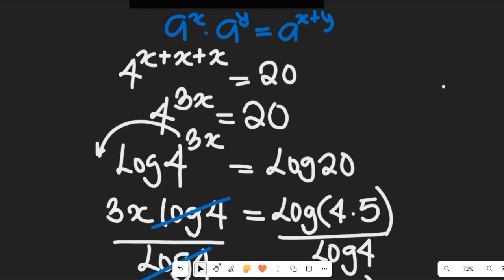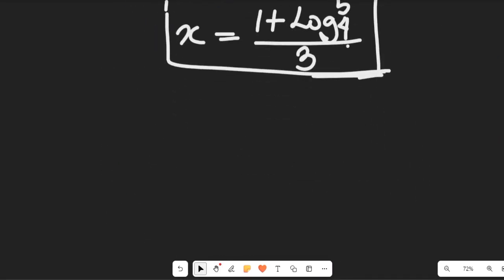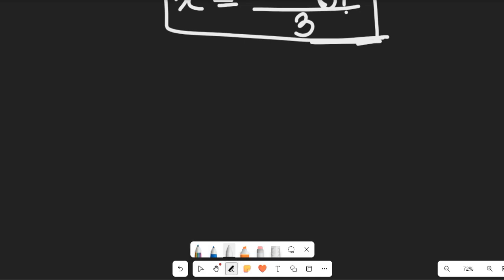Now recall that 4 to the power of x plus x gives us 4 to the power of 3x equal to 20.